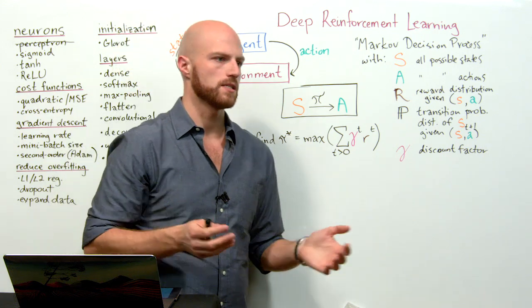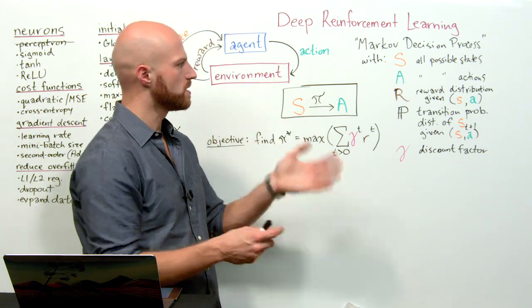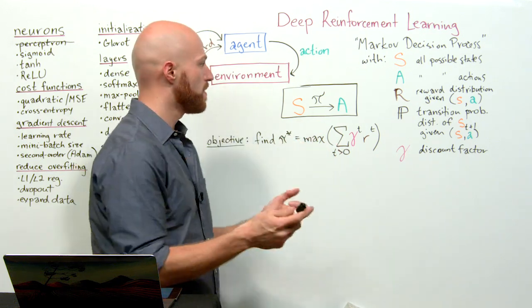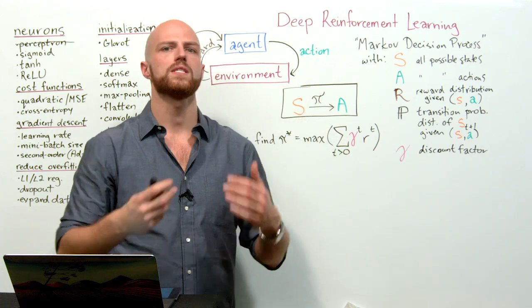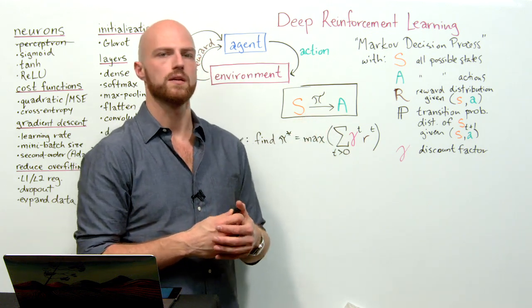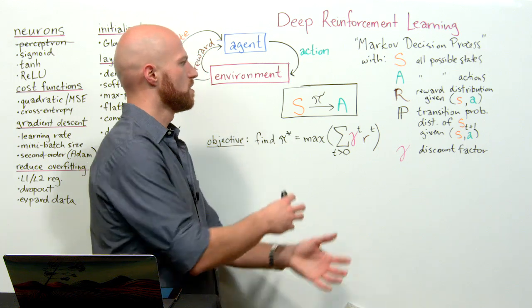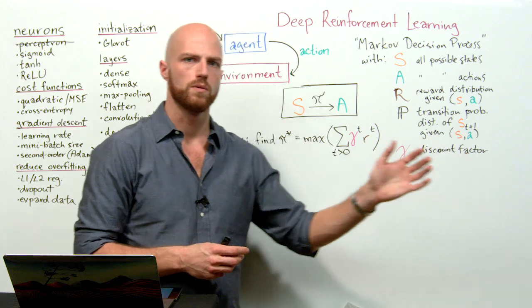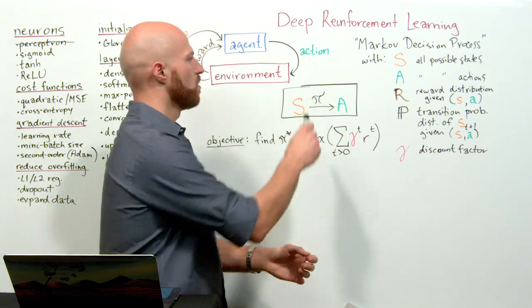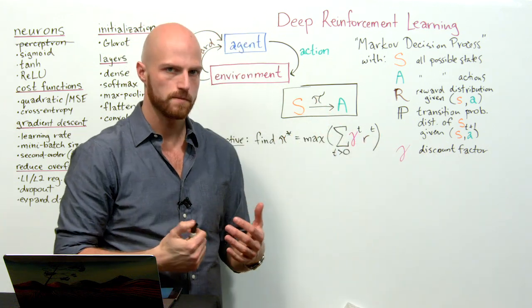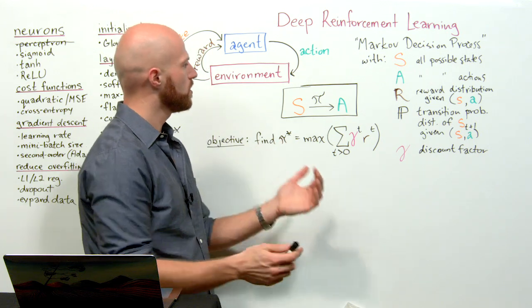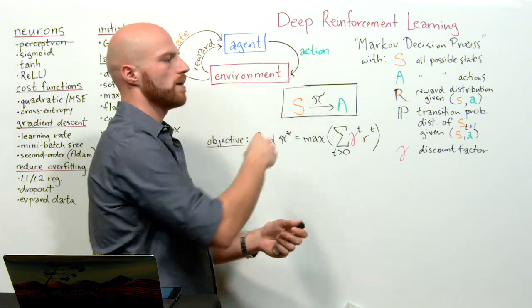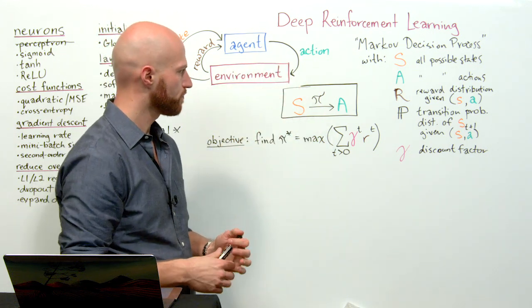So it could be the case that in some kind of states, it's very clear exactly what kind of action we should take. And then in that case, it's relatively simple for the algorithm to identify a policy. But the more complex the game is, the more possible states that there are, the more uncertainty there is about what reward will be given in the future, the more complex this policy function is. So this policy function is the thing that we're trying to learn with our deep reinforcement learning algorithm.